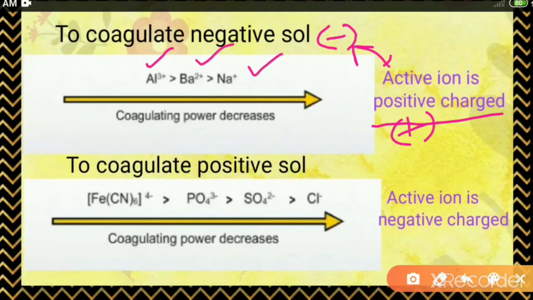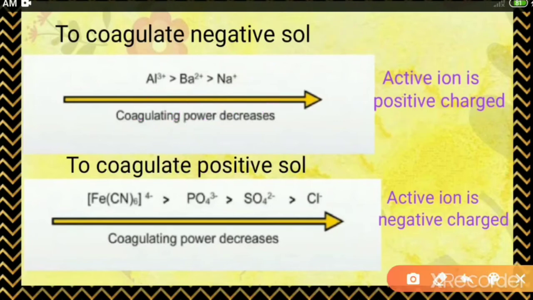Which one has the greater valency? Definitely Al3+, it has a 3+ charge, Ba2+ has a 2+ charge and Na+ has a 1+ charge. So +3 is the greater valency. We can say that the greater the valency of the active ion, the greater will be the flocculation or coagulation power.